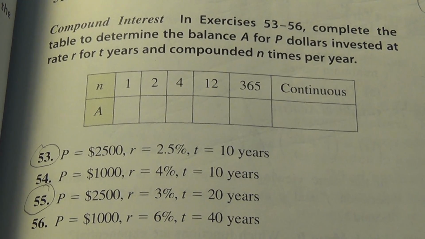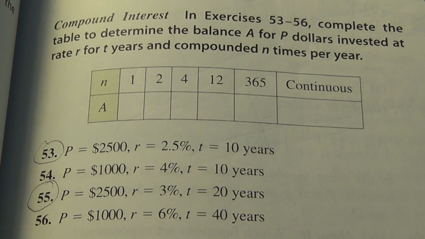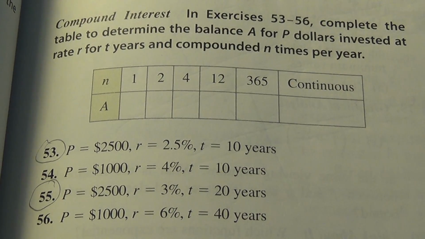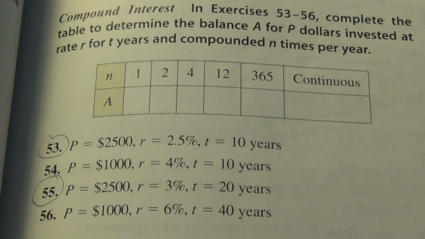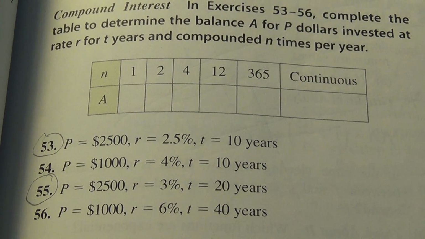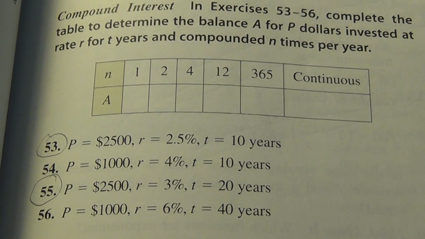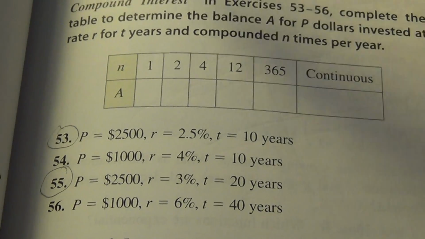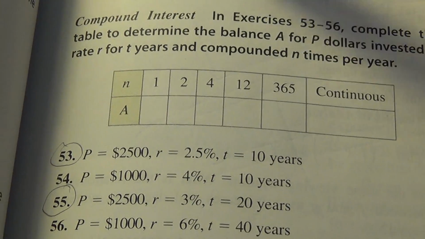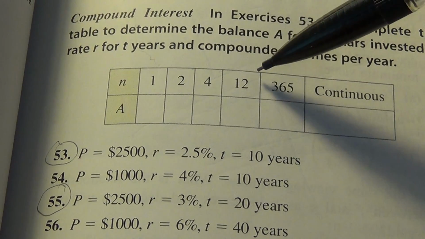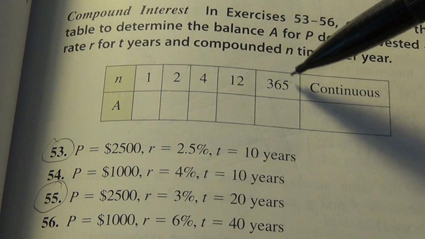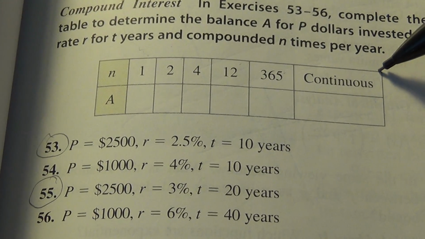As the directions say, complete the chart, finding the balance A for P dollars invested at rate r for t years, compounding n times per year. And the n is this number in the chart: 1 time per year, 2 times, 4 times, 12 times, 365 times, and continuously.